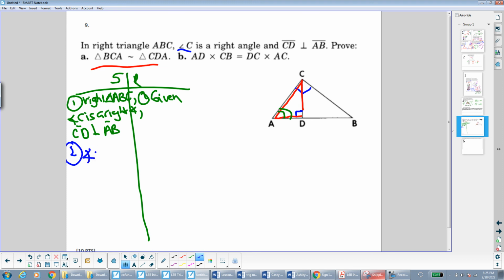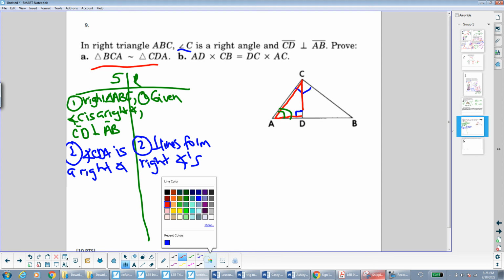Angle CDA, that's this angle right here, is a right angle. We knew that from our givens because we had perpendicular lines, and we know that perpendicular lines form right angles. We want to say that the right angle in the big triangle and the right angle in the small triangle are congruent to each other, so we can use it for AA.